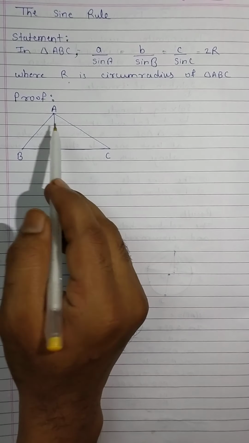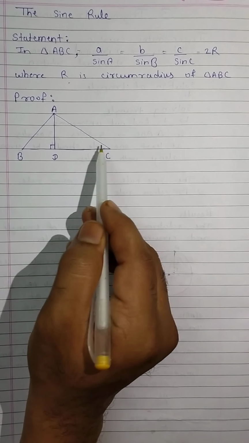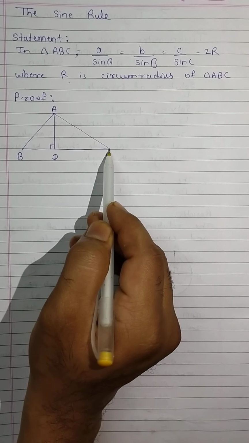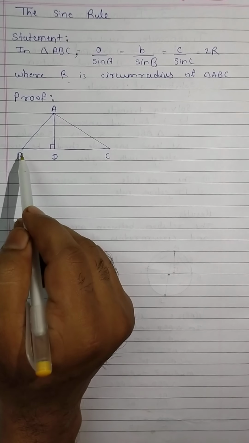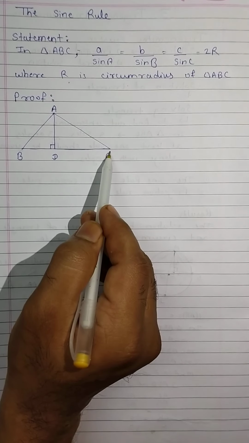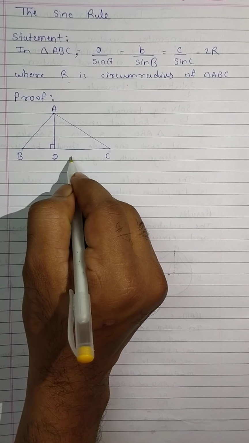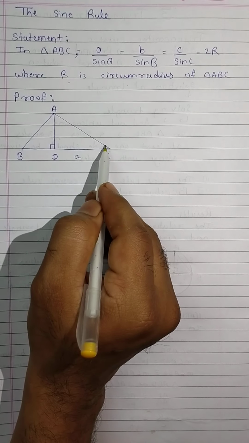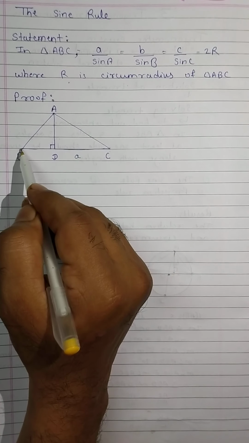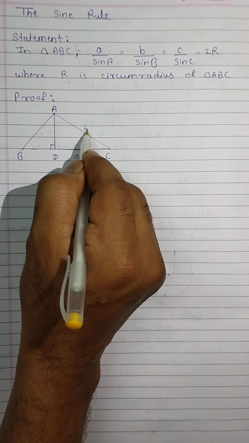So the proof, consider triangle ABC. Now with usual notation, length of BC, which is opposite to the vertex A, is small a. Length of AC, which is opposite to vertex B, will be small b.